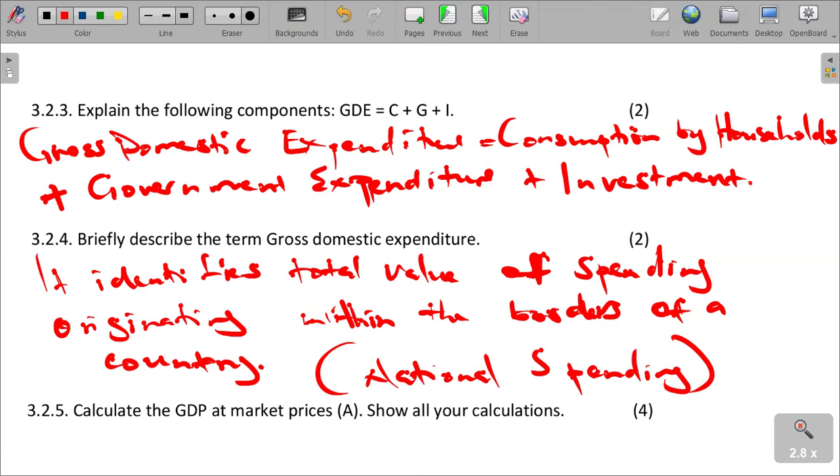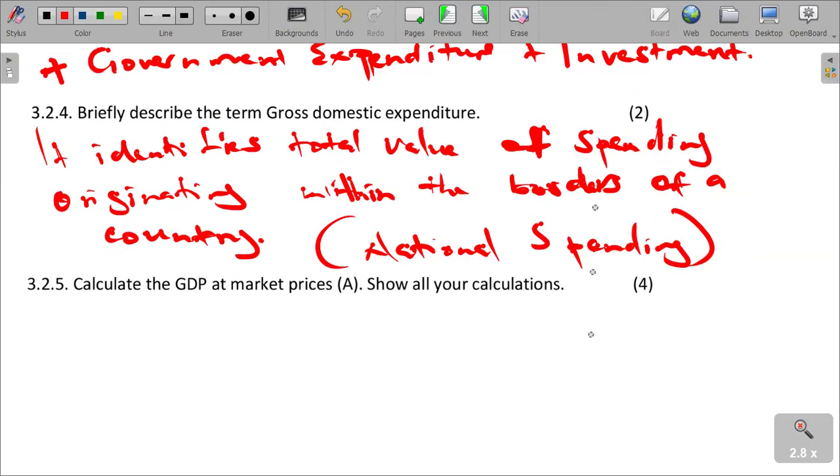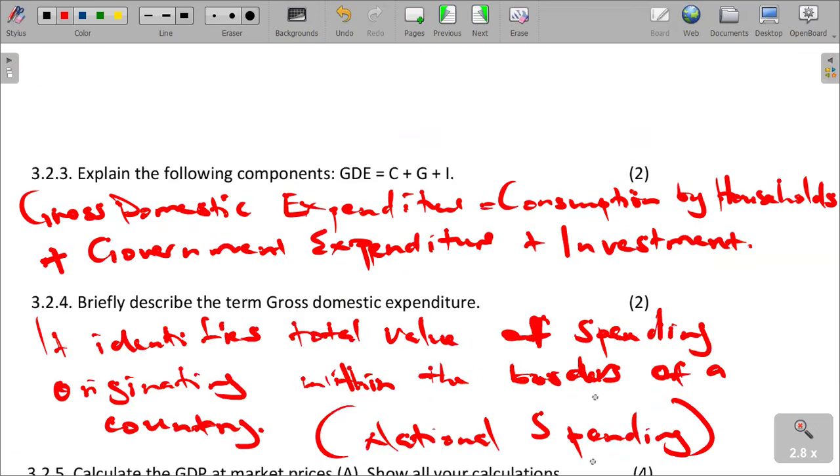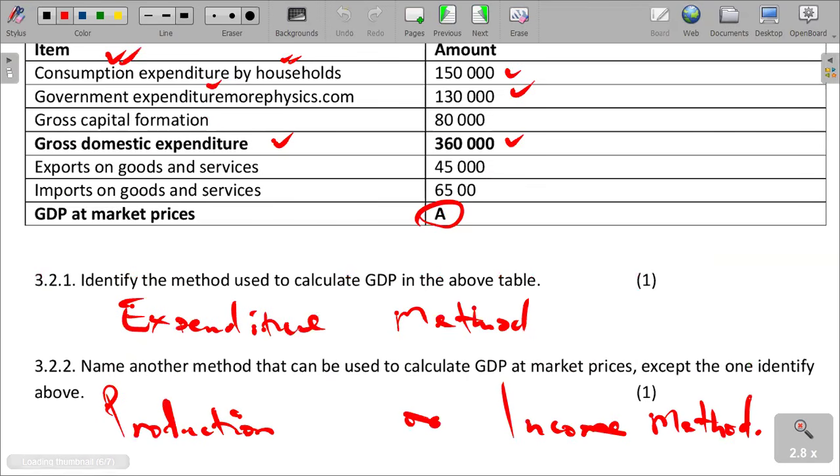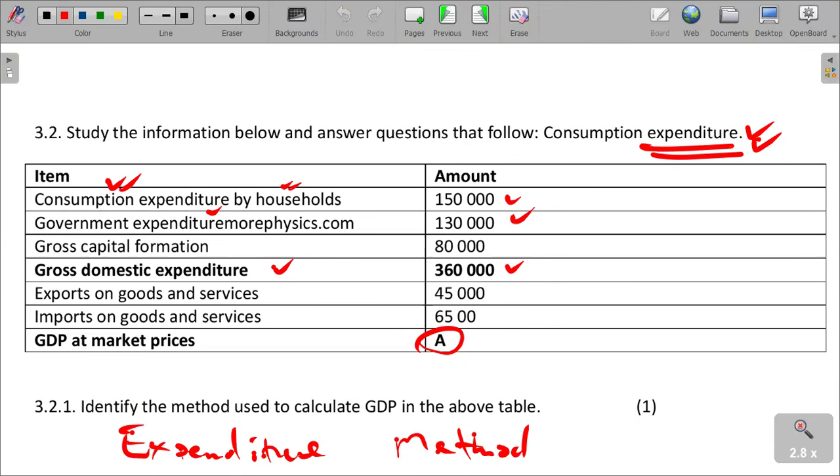We are given: calculate GDP at market prices, show all your calculations. GDP at market prices, we add gross domestic expenditure plus exports of goods and services, minus imports of goods and services.